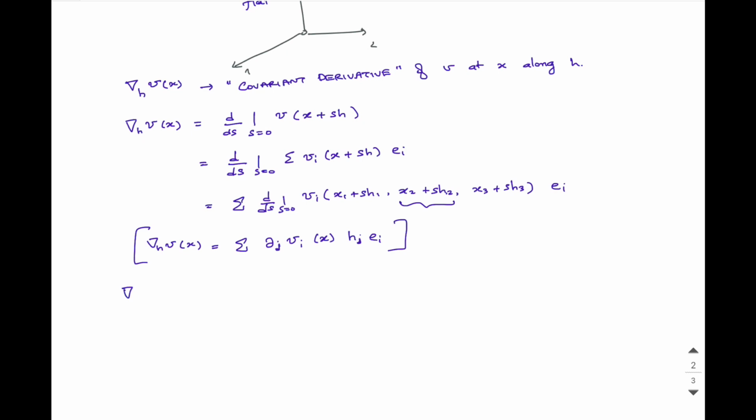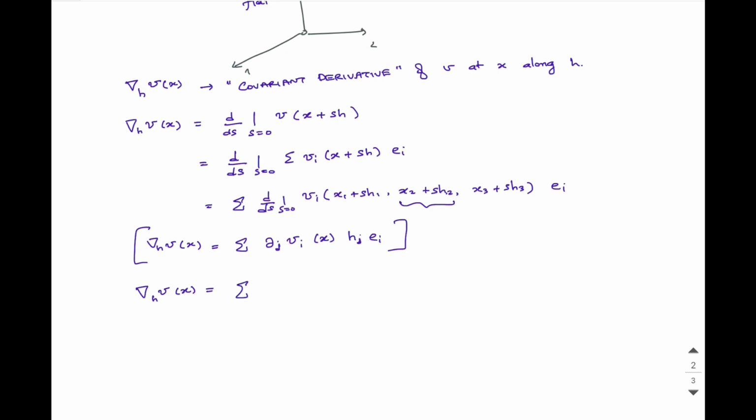So notice that, based on a simple observation, you see that the covariant derivative of v along h in the direction at the point x is nothing but, I can write h_j e_i as follows.